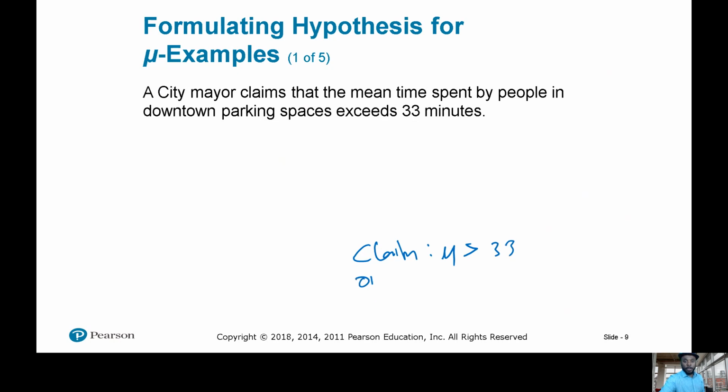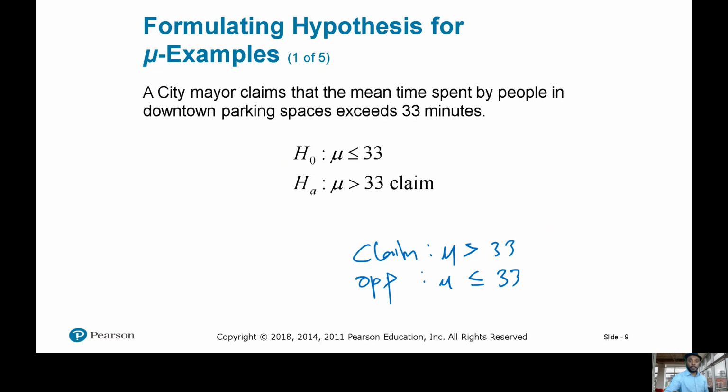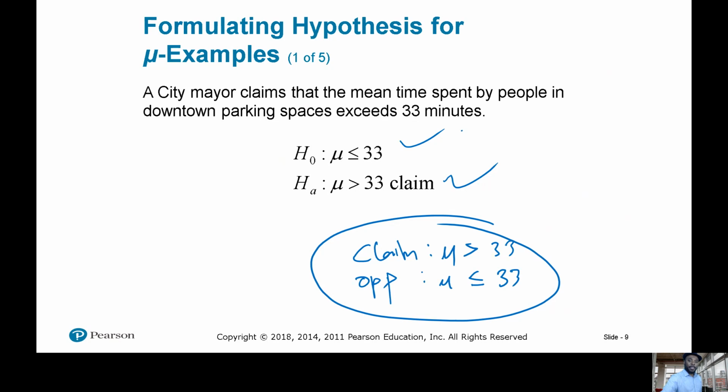That's the claim. The opposite is simply that mu is less than or equals to 33. So given this, we can see that the opposite will be our null hypothesis, and the claim will be our alternative hypothesis. Okay, so start with writing what's the claim and what's the opposite, and then derive this next.